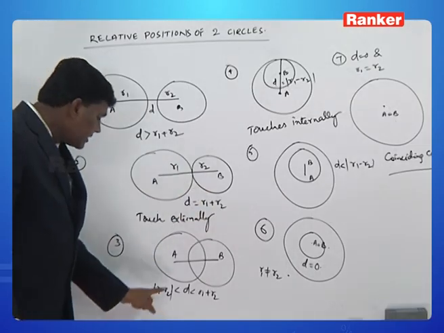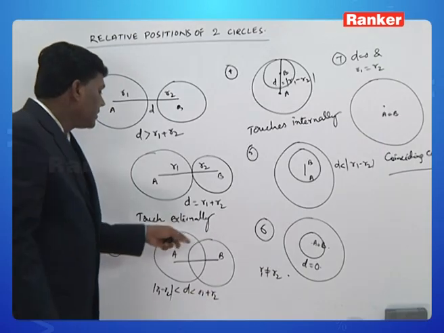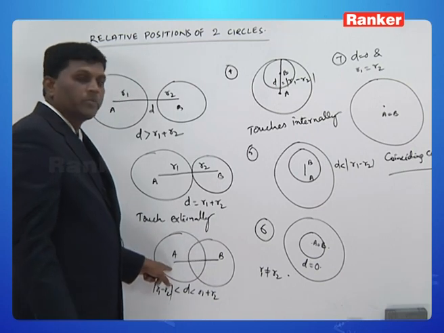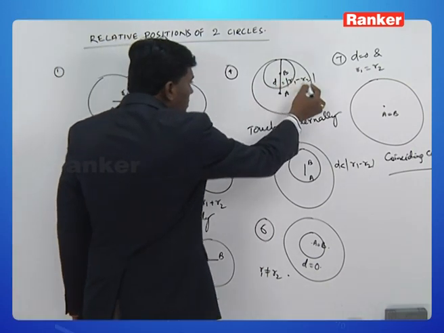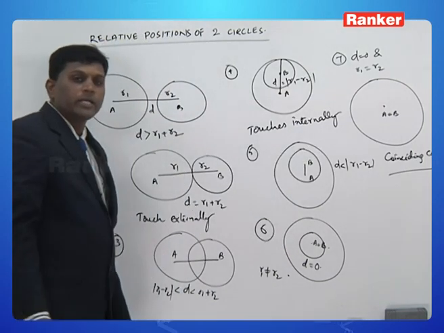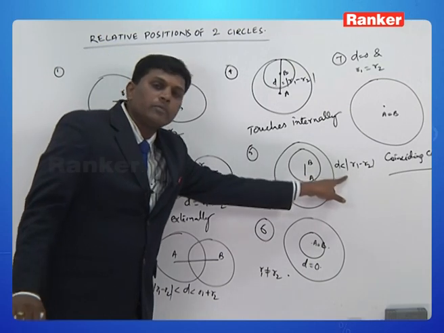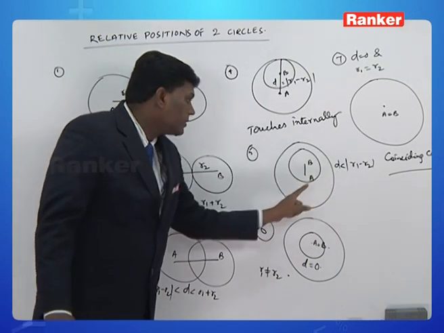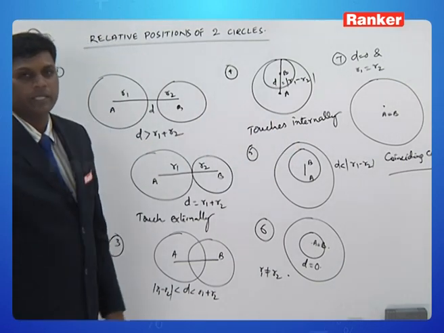If D lies between the numerical difference and the sum of the radii, then they cut each other at two distinct points. Fourth one, D equals the numerical difference of radii, they touch each other internally. If D is less than R1 minus R2, then one circle lies completely inside of the other.